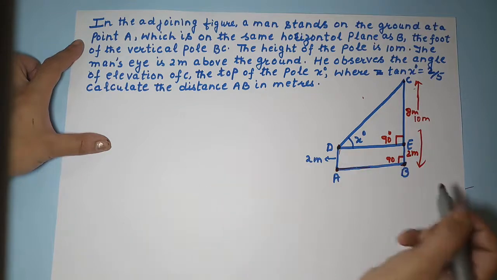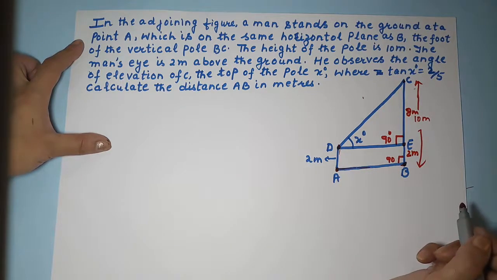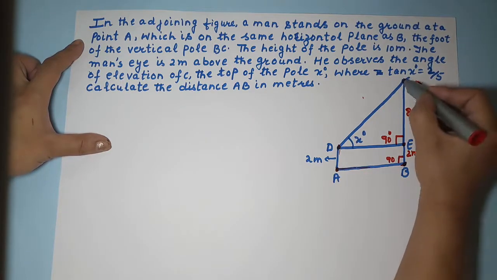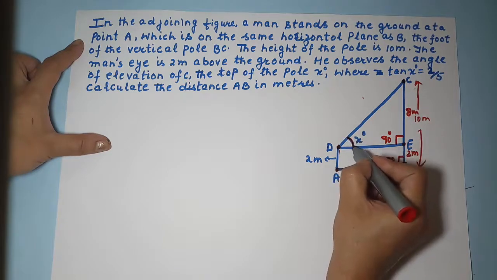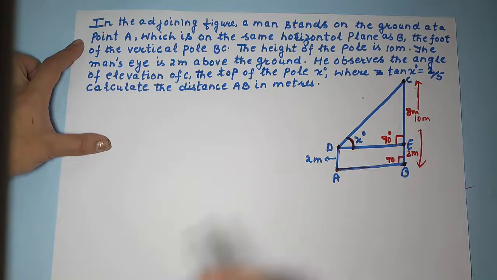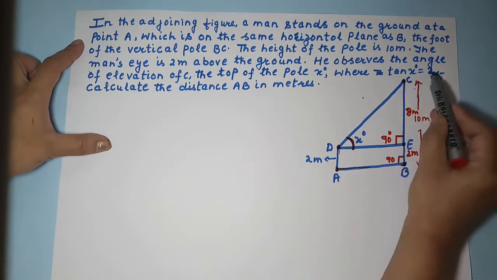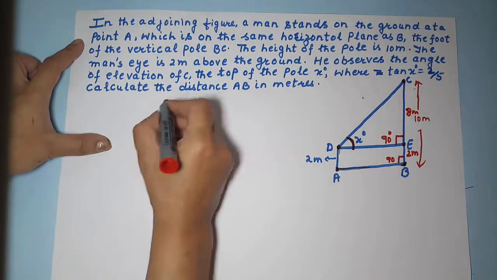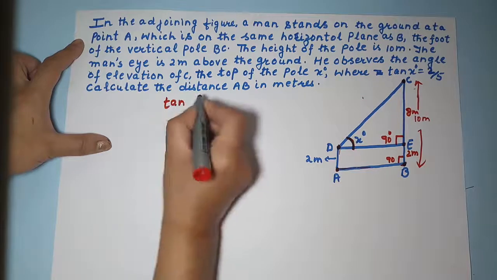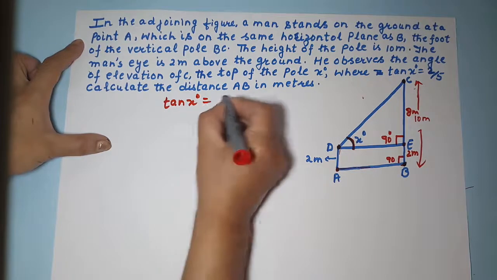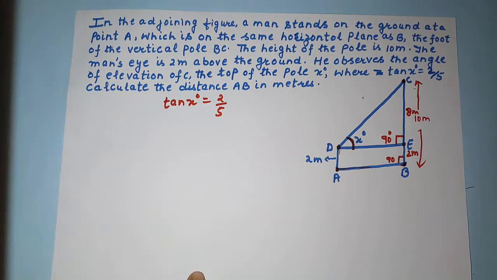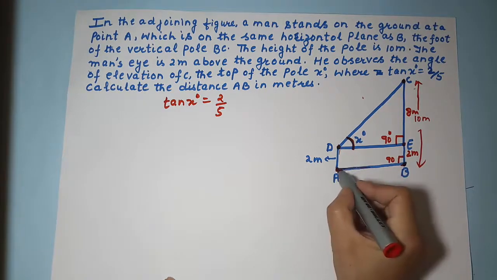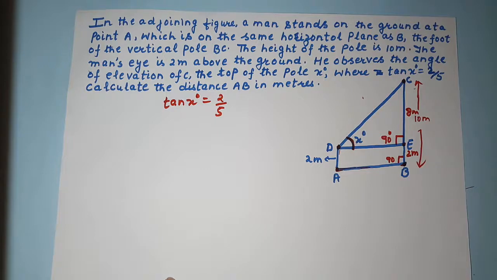He observes the angle of elevation of C. That means when he looks at C, the angle of elevation is X, where tan X degree is 2/5. Calculate the distance AB in meters.